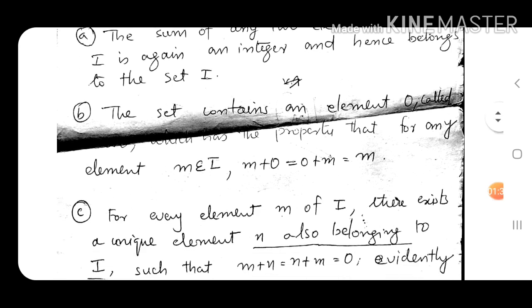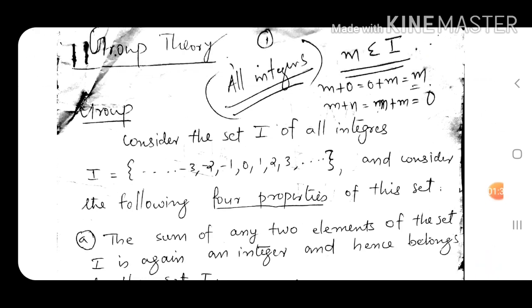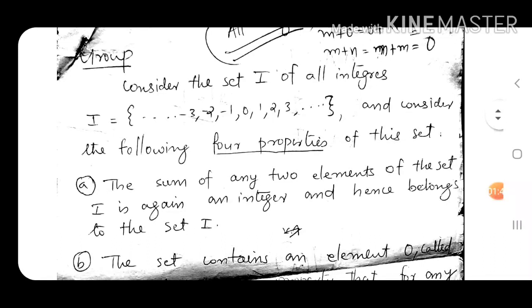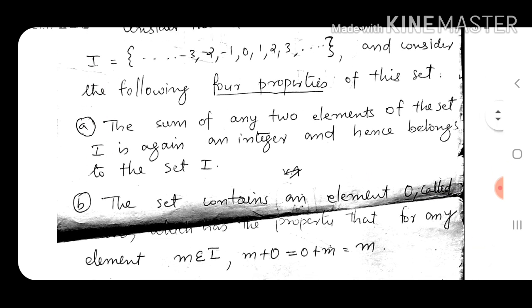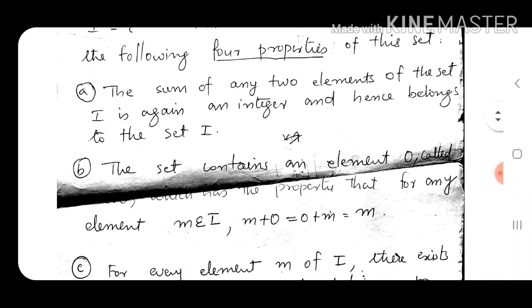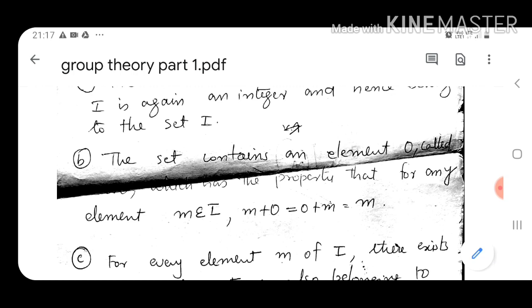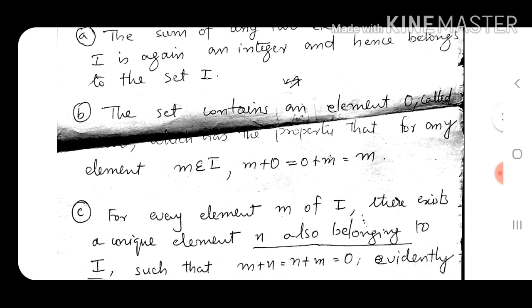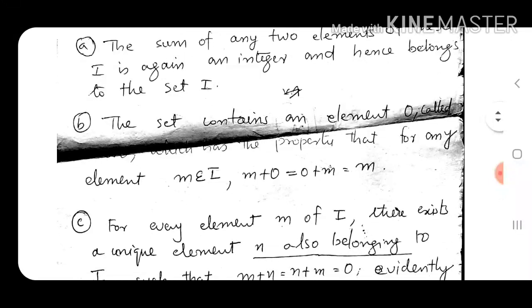It has the property that for any element m from the set, m plus 0 equals 0 plus m, which is equal to m. So m is any element from this set, and if you add 0 to it, you get m.